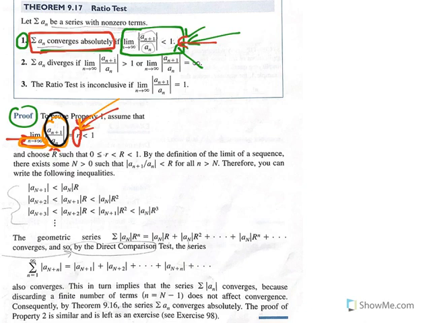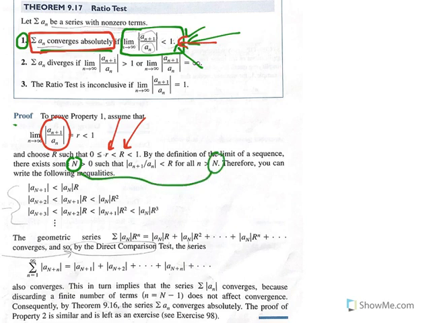So for some integer uppercase N greater than 0, the quantity that we're taking the limit of will be less than uppercase R. In other words, it'll be getting closer to lowercase r, which is the limit, for all lowercase n values that are greater than this integer uppercase N, whatever that uppercase N may be.